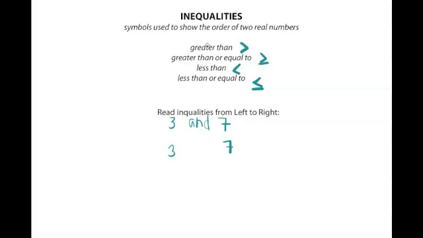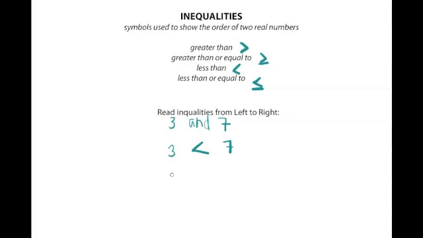So is 3 greater than 7? Is 3 greater than or equal to 7? Is 3 less than 7? Or is 3 less than or equal to? So which out of these 4 fits? I would say this one. Okay, so I know that that's the symbol that's going to end up going in the middle.